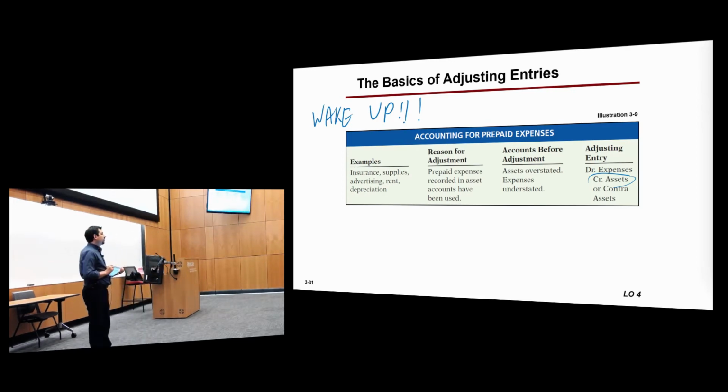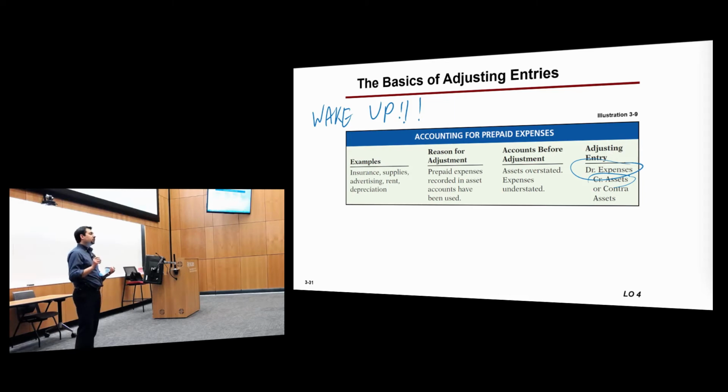And to increase your expenses, you debit the expense. So to simplify, whenever you need to make an adjusting entry for prepaid expenses, you debit the expense, you credit the asset or the contra assets. Before that, our asset was overstated.